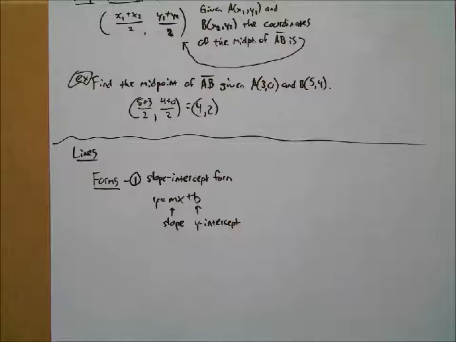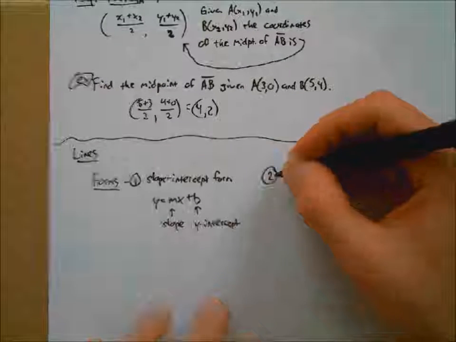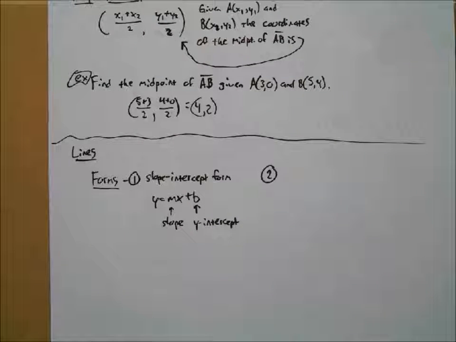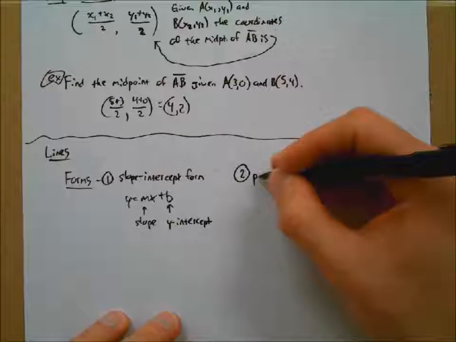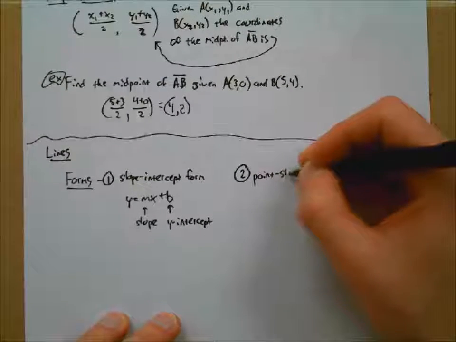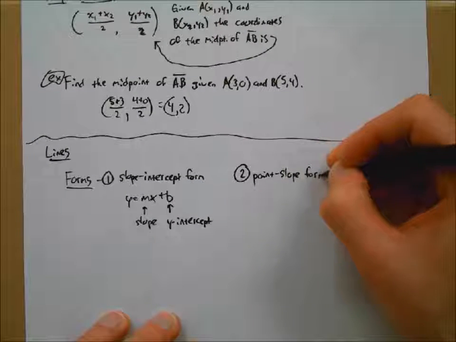Let me throw an alternative at you here, especially for those of you who plan on moving on to calculus. I would highly recommend that you begin to adopt this method of writing the equation of a line, which is called point-slope form. Perhaps you've seen it before.